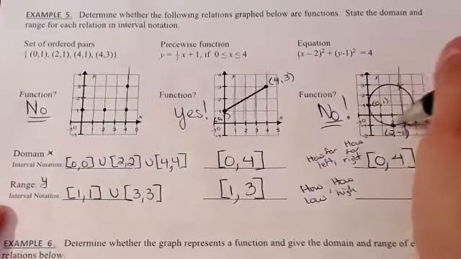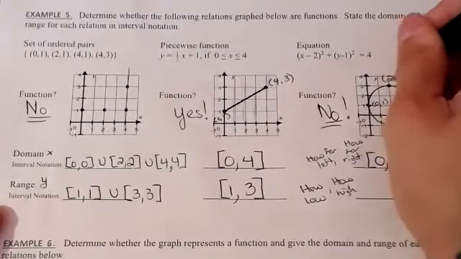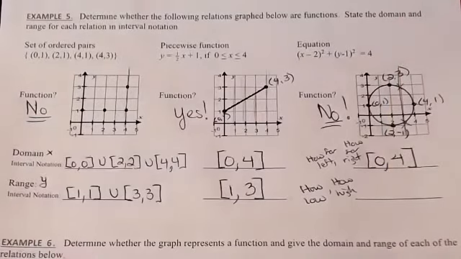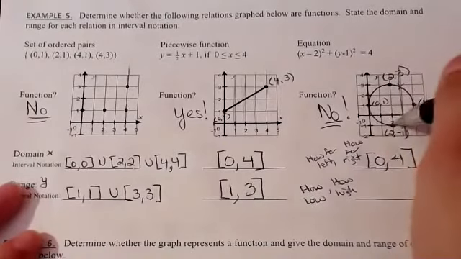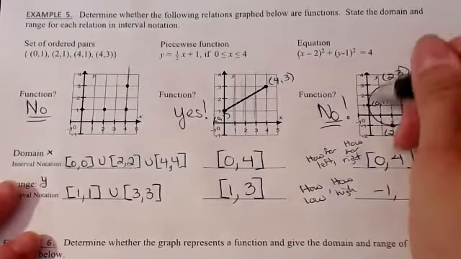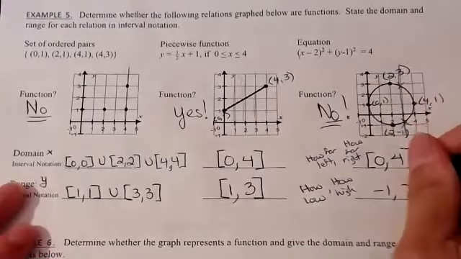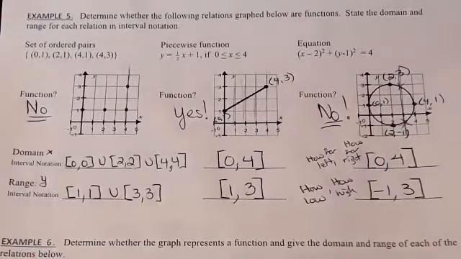If I follow this graph as high as I can go, that's going to be here at the point (2, 3). Remember that the range is only the y values. So the smallest y value in our interval is going to be -1, and the highest y value in our interval is going to be 3. And of course, we use brackets because we're including both of those points. Okay, very nice.